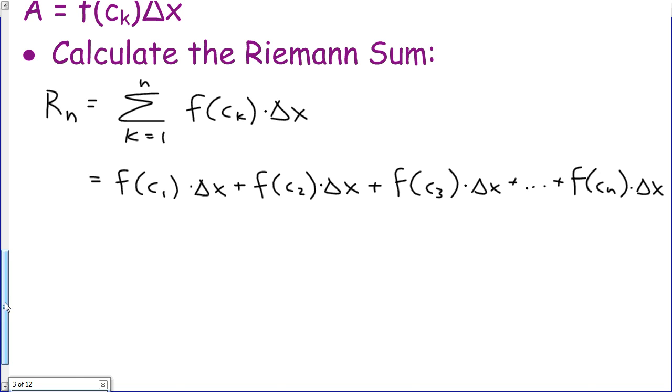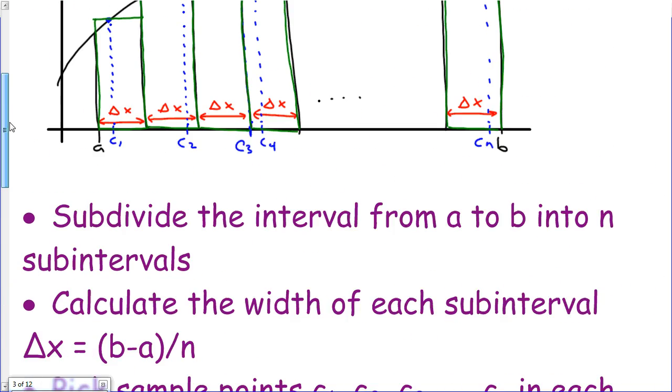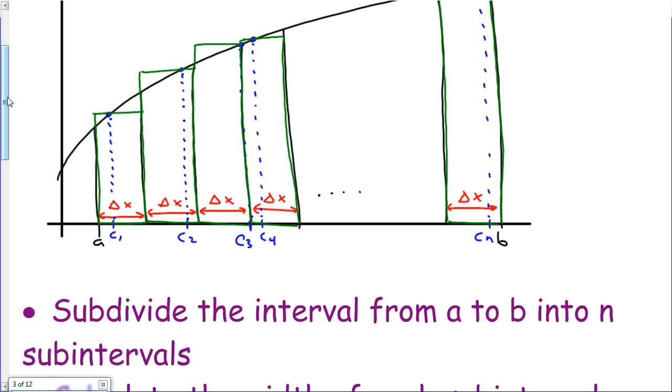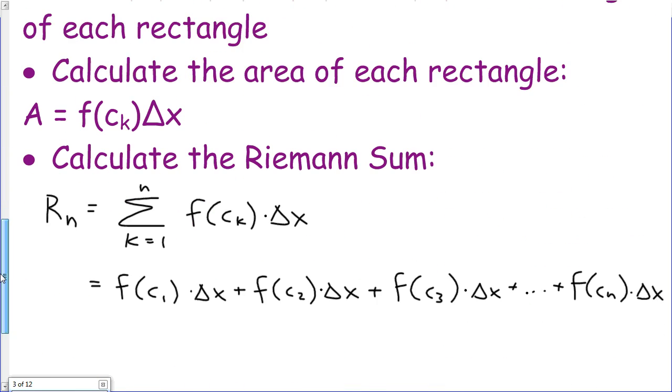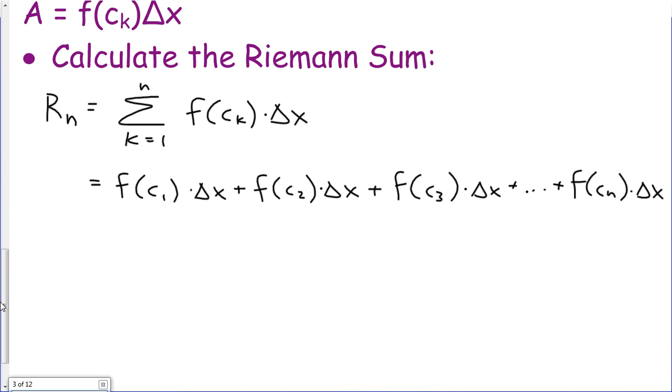Again, if I go back up here to my sketch, you can see that all I'm doing is I'm taking the function height there at c sub 1, that's the vertical distance there. That's the height of the rectangle, times the base of the rectangle, which the base of all these rectangles has a width of delta x.